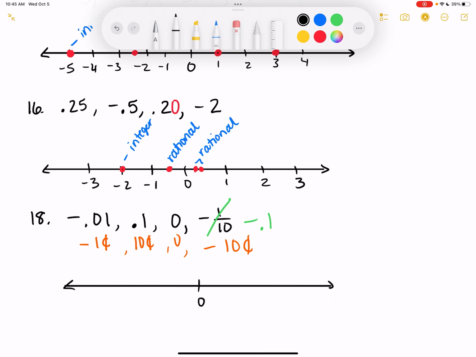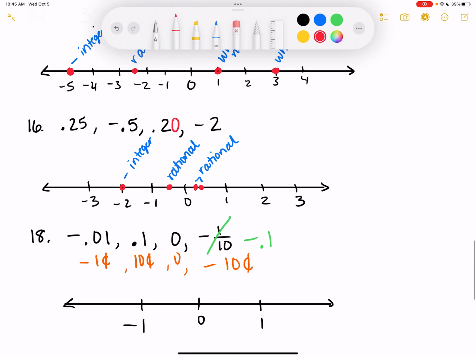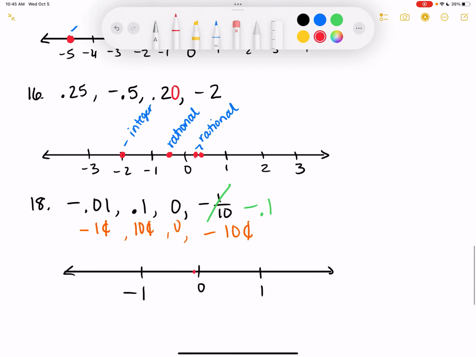So 0, and since I don't have anything bigger than 1, I'm going to make these areas pretty big. So minus 0.01, if that's 1 cent, then it would be pretty close to 0. So it would be somewhere in here.